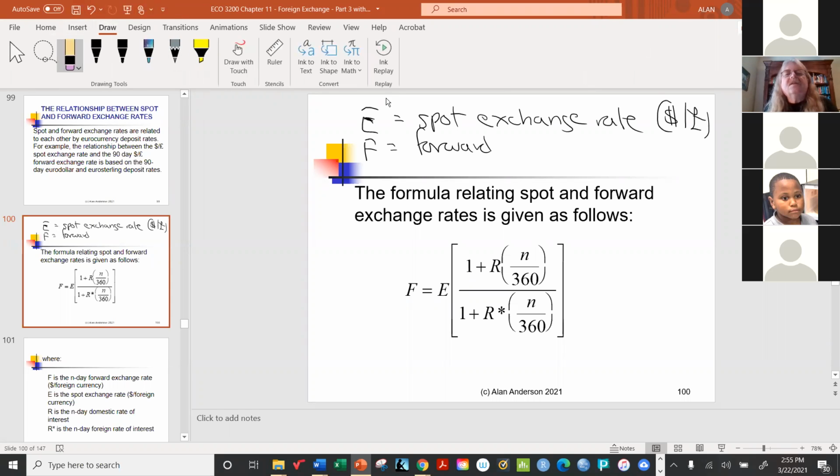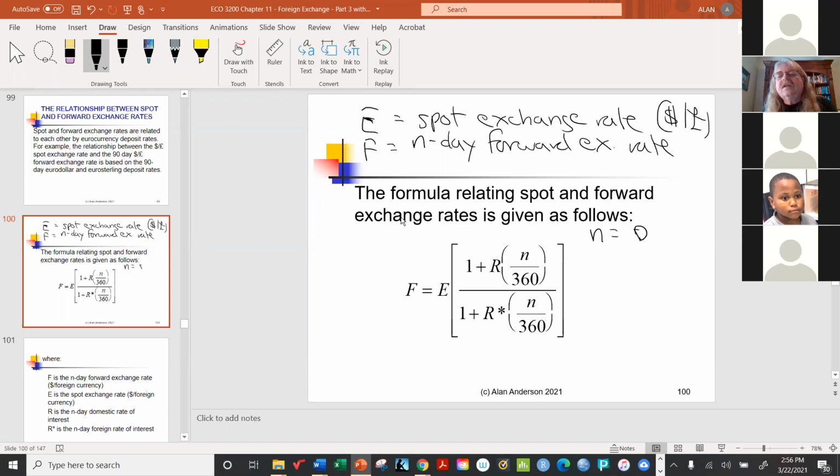This is the so-called end-day forward exchange rate, because a forward exchange rate has a maturity date attached to it. That refers to the date on which the currency is actually delivered. Now N, as you recall, is based on a 360-day convention.